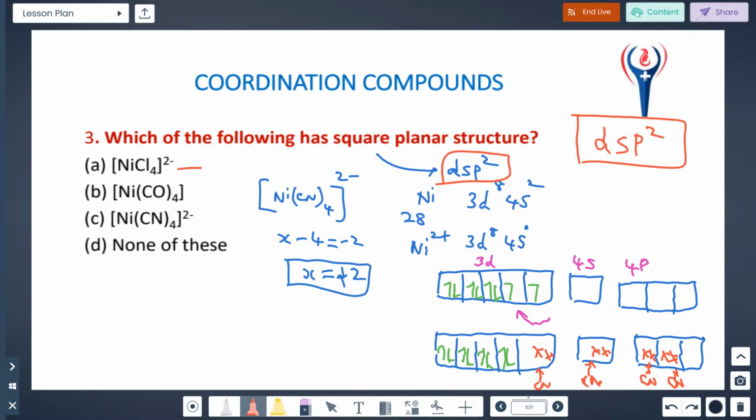Here also you will be getting sp3. We got dsp2, so this is the answer. Are you following? Understood? Without knowing the atomic number, you cannot solve these sums correctly. Understood? Okay, next one.